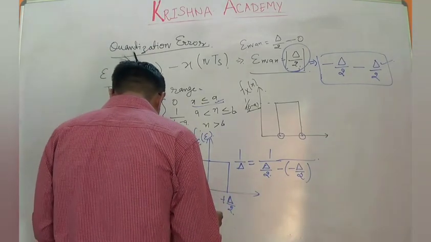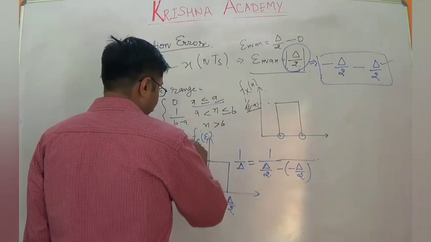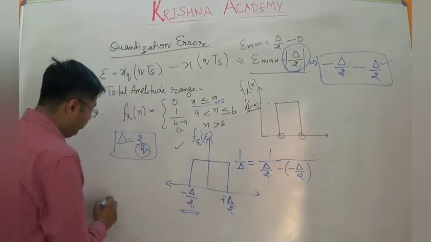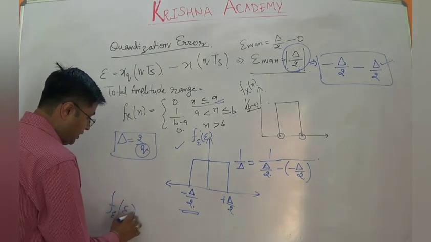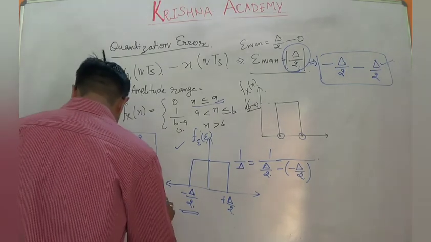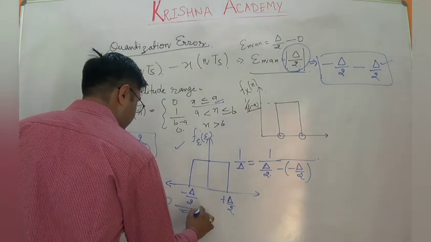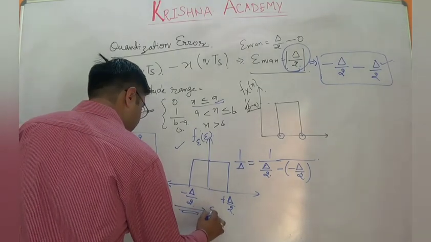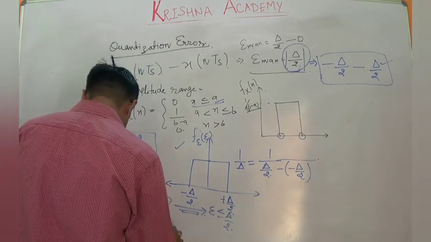So to calculate this, if you are talking about this signal, how are we going to draw it? E equals 0 when the error is less than or equal to delta by 2.